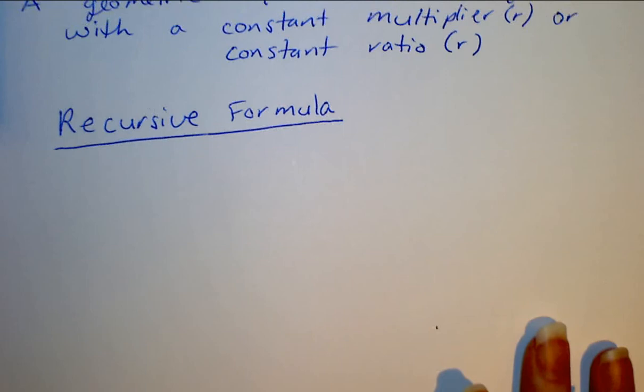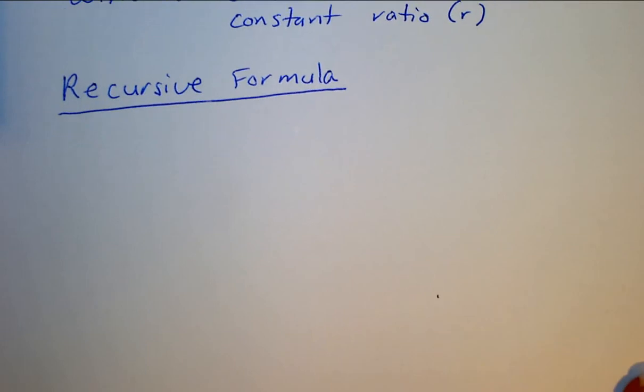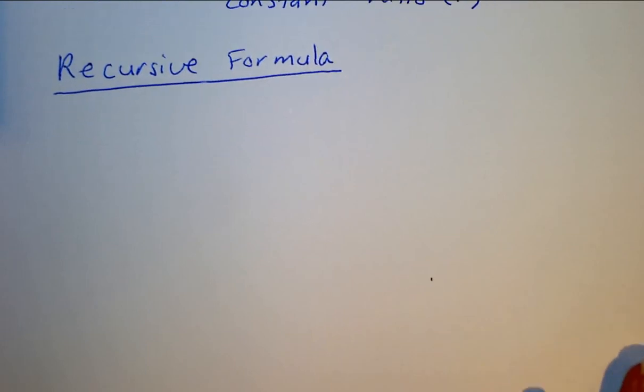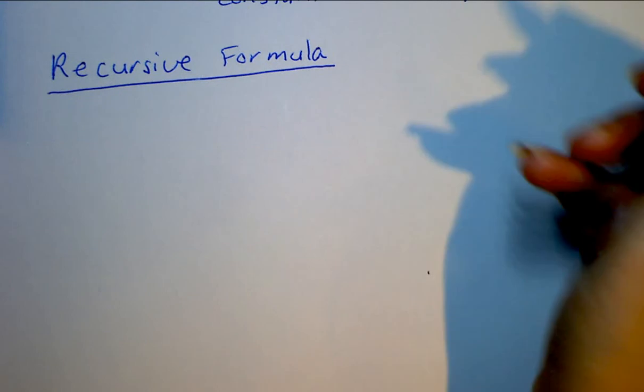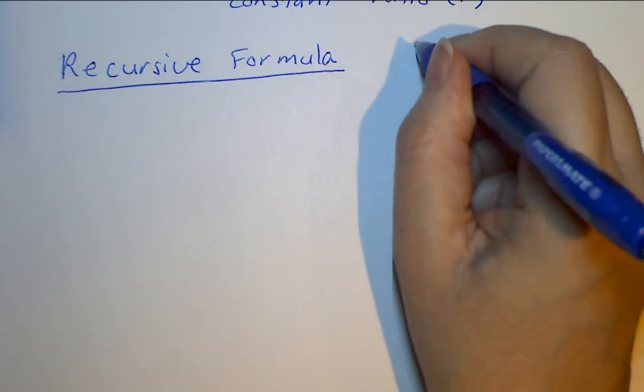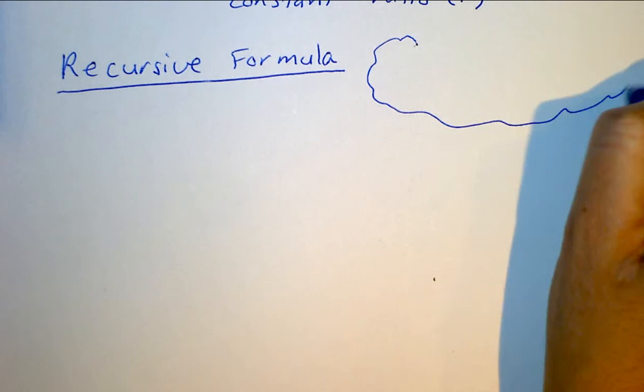In a recursive formula, what do we always need to know? Remember, it recurs more than once, so we always need to have the previous term. On a side note, you can write this down if you want, or just do a side note with me.